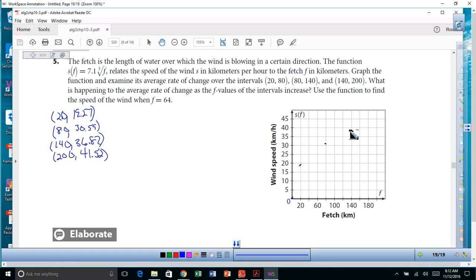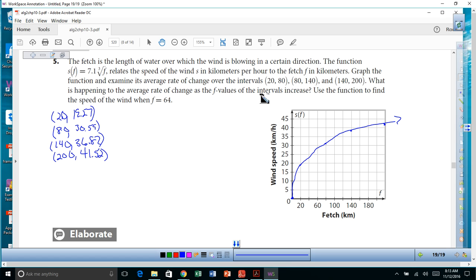Yeah, that's going to be close to 40. And then at 200, you got 41. That's just a little over 40 right there. And let's see if we can connect them with a nice smooth curve. All right, so there's what that looks like.